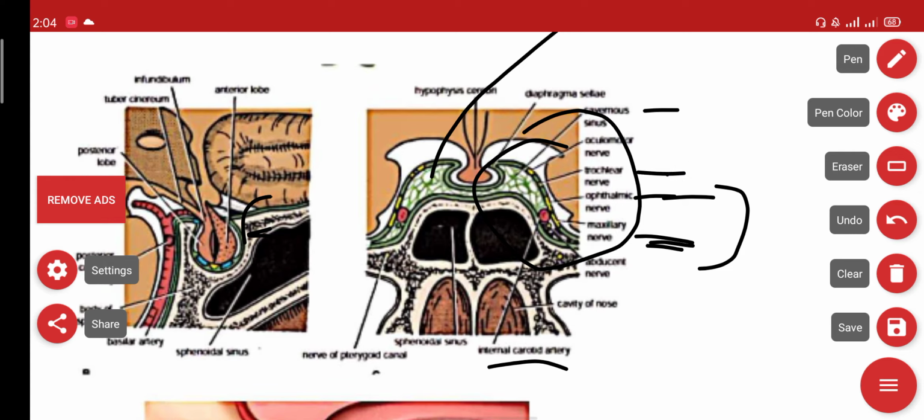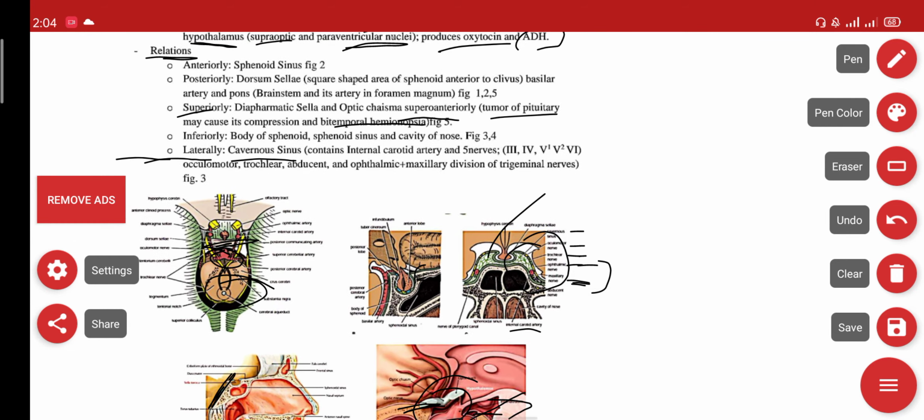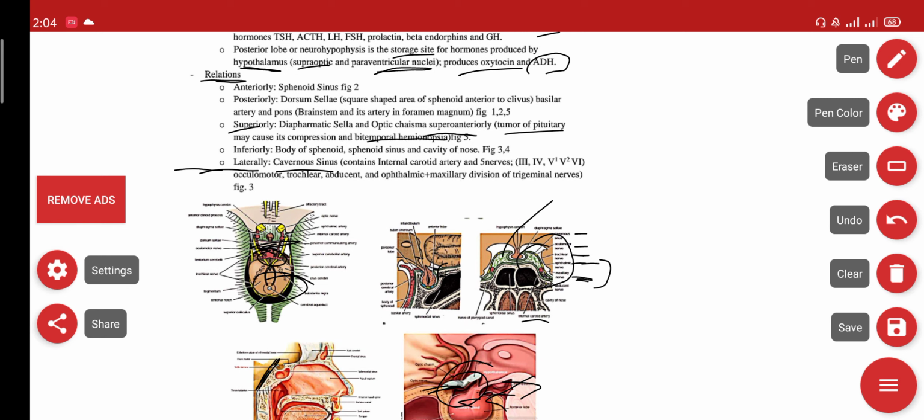Moreover, you have the trochlear nerve and oculomotor nerve also passing in the wall of the cavernous sinus. A cool way to remember is nerves 3, 4 and 5, V1 and V2 of the 5th, as well as the 6th nerve. So the oculomotor, trochlear, abducent, and the ophthalmic and maxillary divisions of the trigeminal nerve all pass through the cavernous sinus.